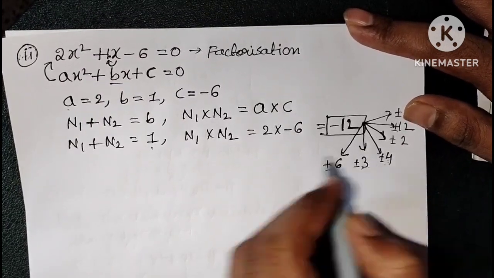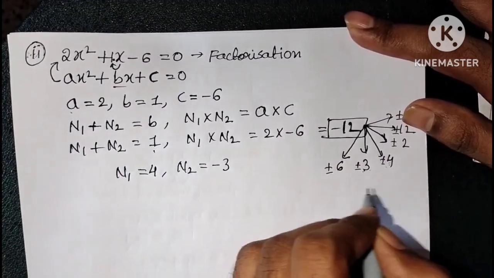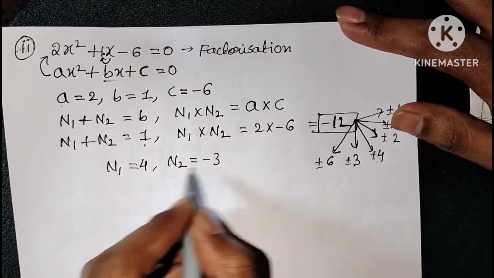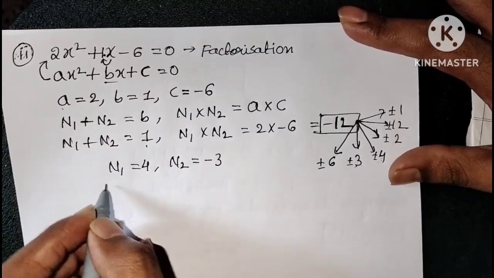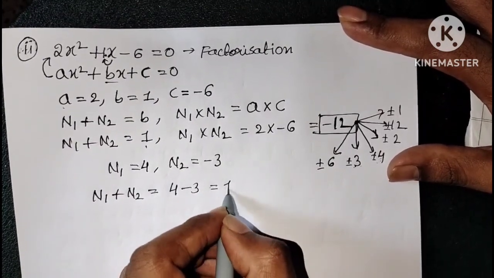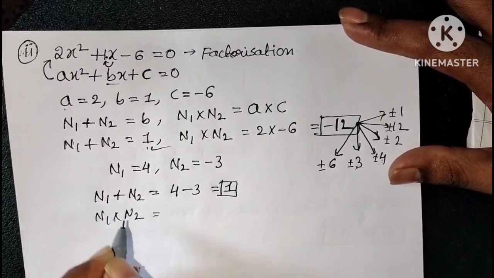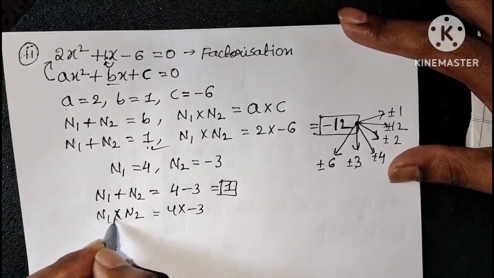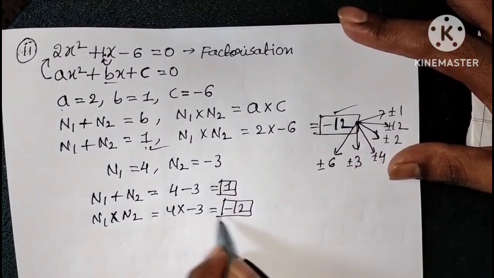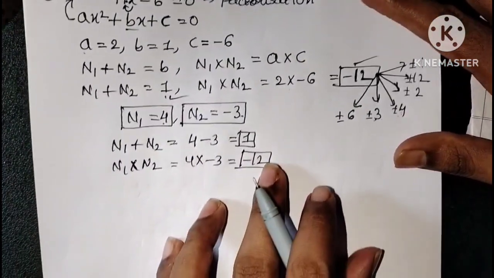So let us take plus 4 as n1 and minus 3 as n2. ఓకేనా? సో ర్యాండమ్గా పిక్ చేసుకుంటున్నాను నేను. ఫర్ ఎగ్జాంపుల్ దీన్ని చెక్ చేద్దాం, వెరిఫై చేద్దాం వెదర్ దీస్ వాల్యూస్ సాటిస్ఫైస్ ది అవర్ కండిషన్స్ ఆర్ నాట్. సో సమ్ చేస్తే n1 plus n2 is equal to 4 minus 3, హౌ మచ్? 1 వస్తుంది. సో కండిషన్ 1 సాటిస్ఫై చేస్తుంది. కండిషన్ 2 సాటిస్ఫై చేస్తుందా లేదో చూద్దాం. n1 ఇంటూ n2, 4 ఇంటూ minus 3, you will get minus 12. సో టూ కండిషన్స్ సాటిస్ఫై చేస్తున్నాయి నెంబర్స్. దేర్ ఫోర్ సచ్ నెంబర్స్ ఆర్, ఆ నెంబర్స్ ఏమవుతాయి? 4 and minus 3.